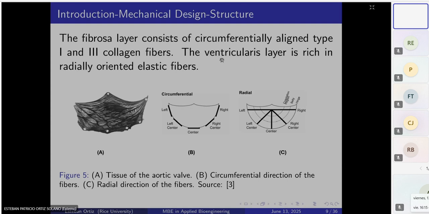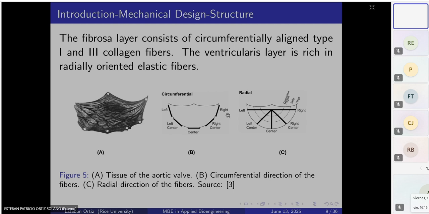I don't want to be specific with the terminology, but we have two kinds of stresses in the valve: the circumferential and the radial. As you see, the circumferential surrounds the leaflet, and the radial distributes from the center to the outside part of the leaflet.